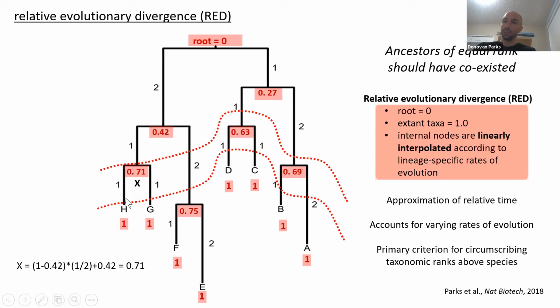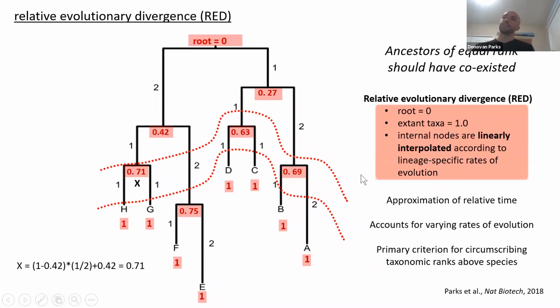Now, doing this linear interpolation is a straightforward formula. I've given you just one example here. If you're interested in the details, you can look that up in the manuscript, but I just wanted to point out that this is nothing more than addition, subtraction, multiplication and division, right? So there's nothing super complicated going on here.